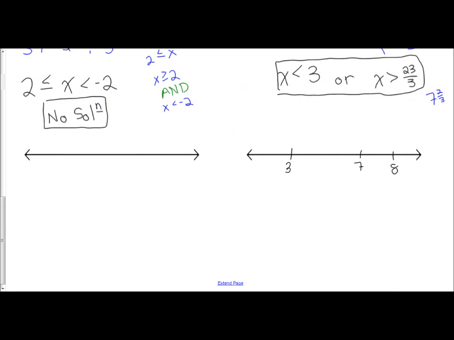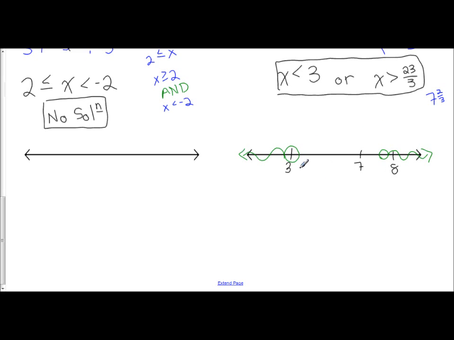I have less than 3, so that would be an open circle, arrow to the left, greater than 23 thirds, and so that'd be an open circle. Here it's about close to 7.6 repeating, and then an arrow to the right. Or compound inequalities are the combination of the two, and so it's both of them graphed on the same line. And so this is our solution space for it.